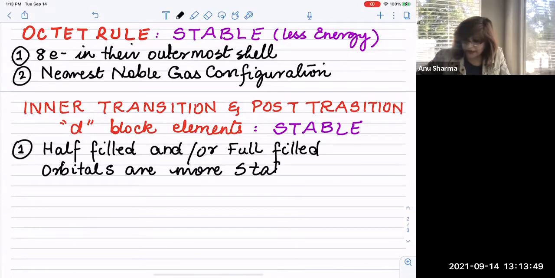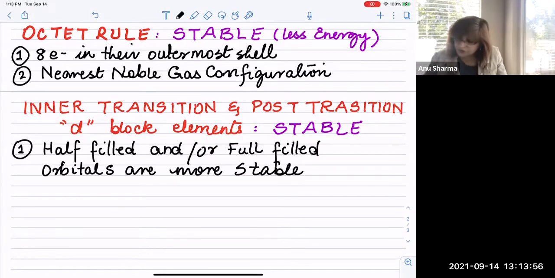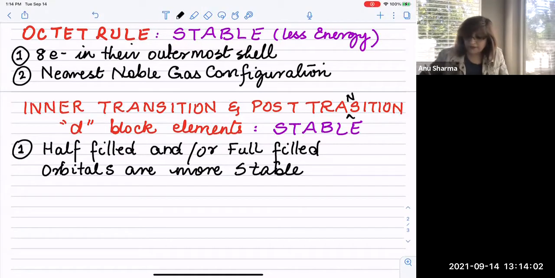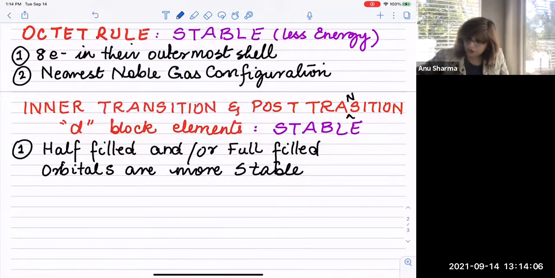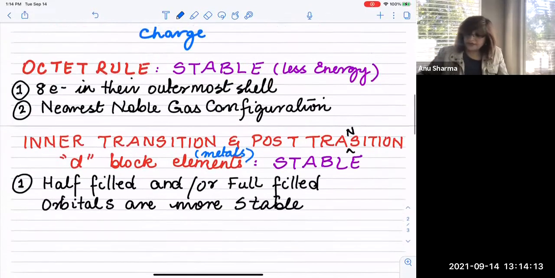So that is why they give away the electrons based on that. So these are generally the inner transition and post-transition metals. These are all D block elements. These are all metals. So all the metals give away electrons. Okay, so that's one thing.